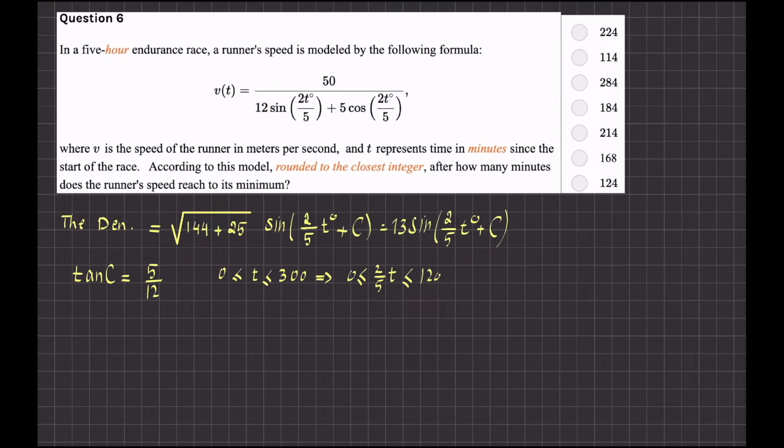Okay, so it means that in order to guarantee that this function is positive, I should guarantee that this angle is in the first or the second quadrant, because sine is positive in the first and second quadrants. So this means that c should be definitely less than 60 degrees, because if it is more than 60 degrees, when added to this, it will go beyond 180, so it will go to the next quadrant, which makes sine negative.